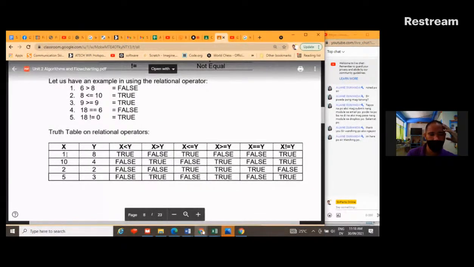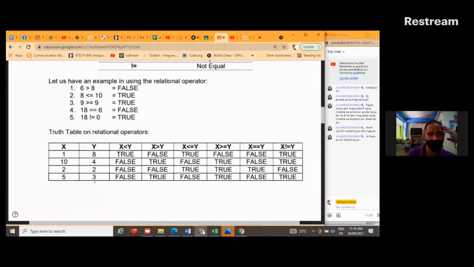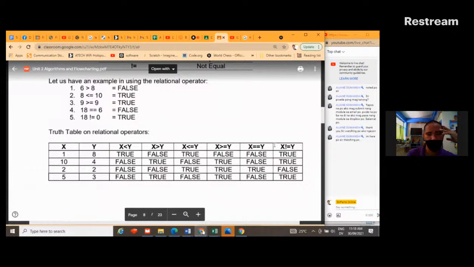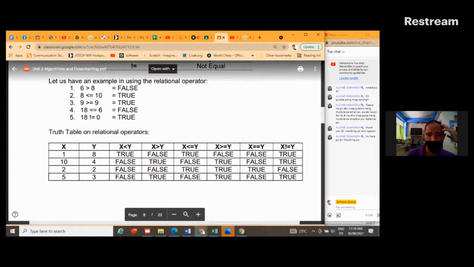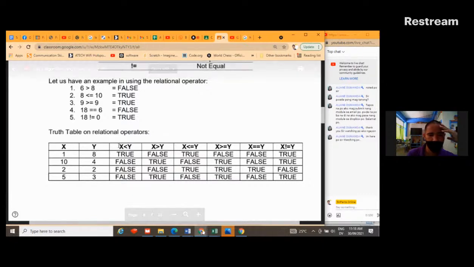These are our inputs, X and Y. And these are the different outputs for our relational table: less than, greater than, less than or equal to Y, greater than or equal to Y, X is equal to Y, and X is not equal to Y. What you will do here is take these numbers and substitute them into these operations.